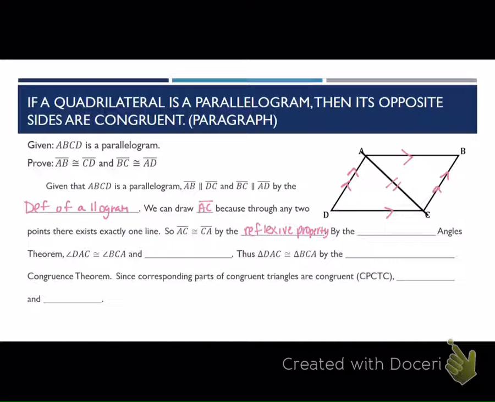By the blank angles theorem, angle DAC and angle BCA are congruent so far. Because of what kind of angles?